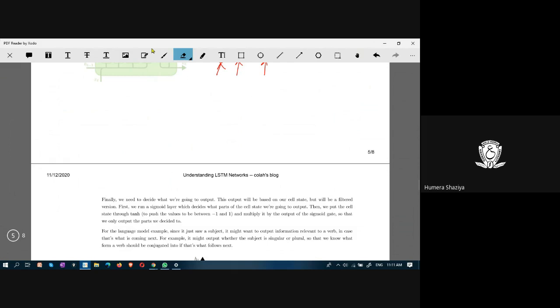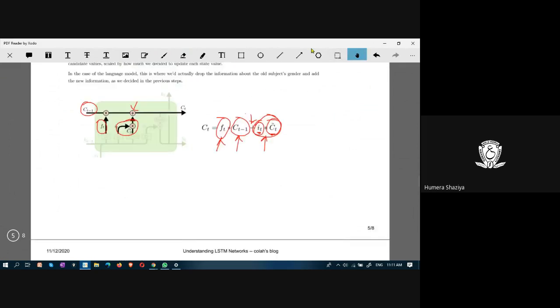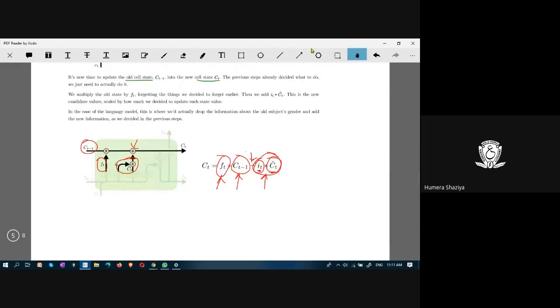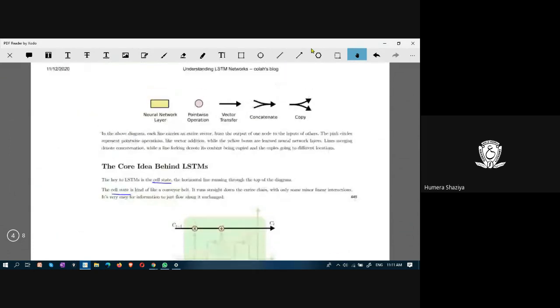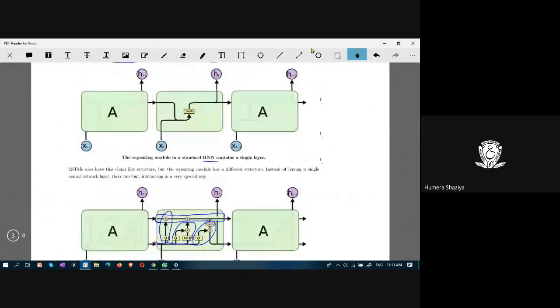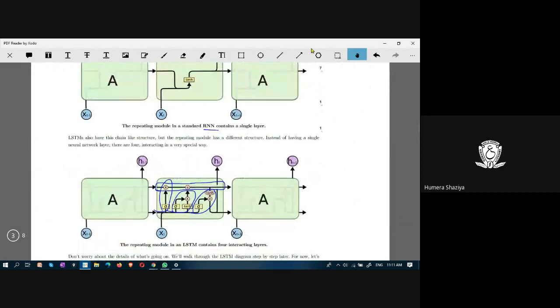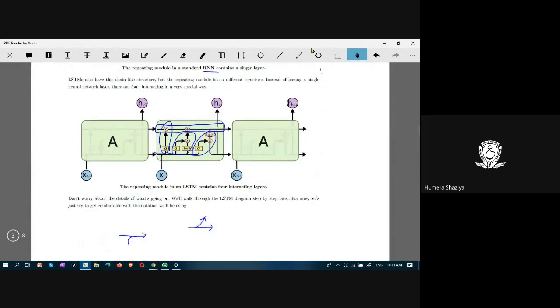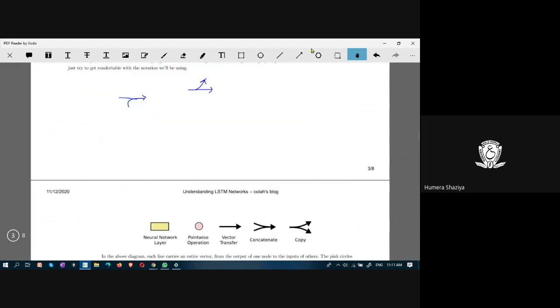This is LSTM. Look at this LSTM. These are the units in LSTM which had forget gate and input gate and output gate.